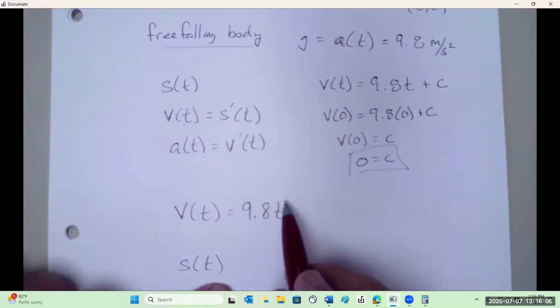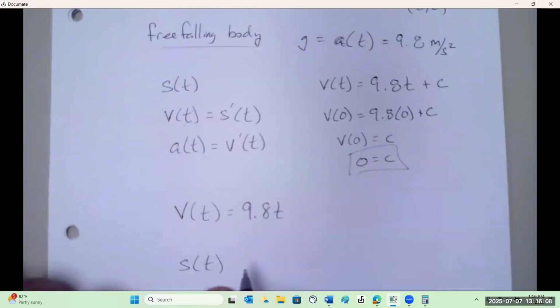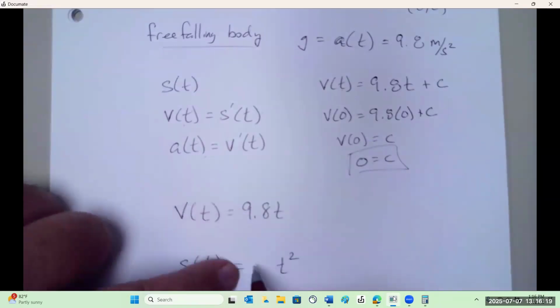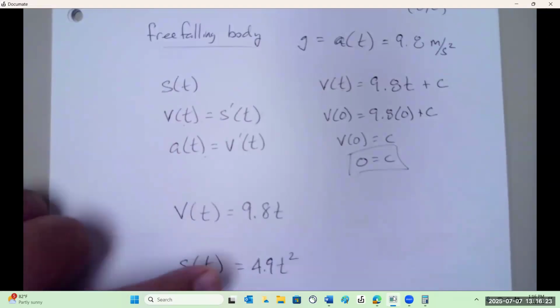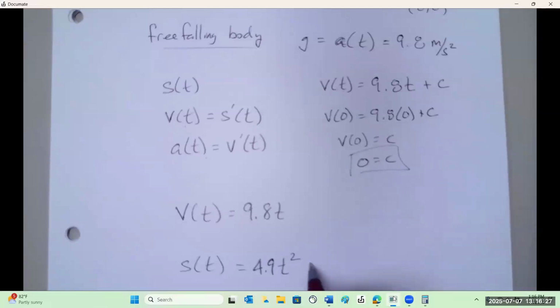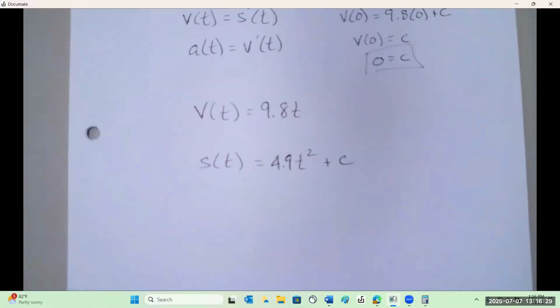When I take the derivative, what has to happen? This should have been t squared. When I do the derivative, the 2 comes down, right? So I can't have 9.8. I have to multiply something by 2 to get 9.8. Plus some constant.